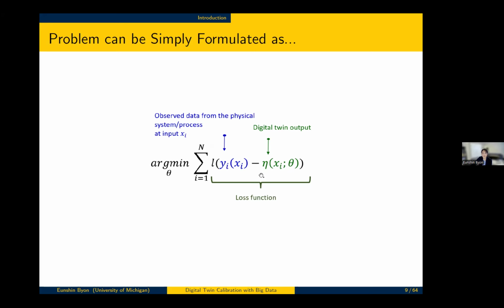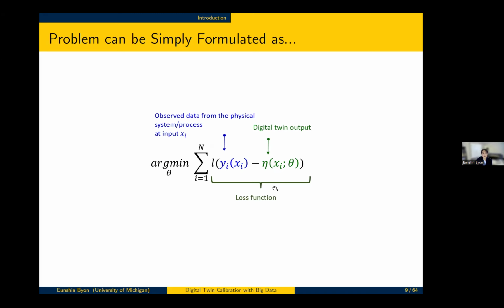Eta is the digital twin output at the same input Xi and also theta, for example, the wake decay coefficient. We want to find the theta that minimizes the difference between the actual system output and the digital twin output. So the problem itself can be quite simple.